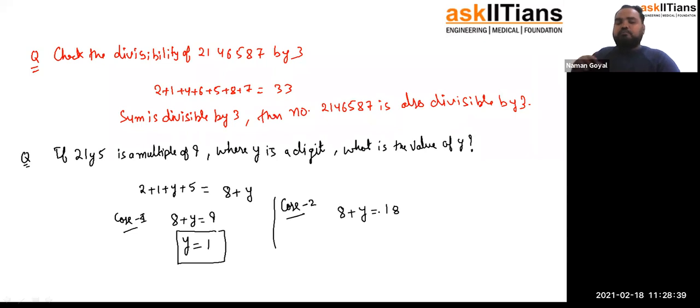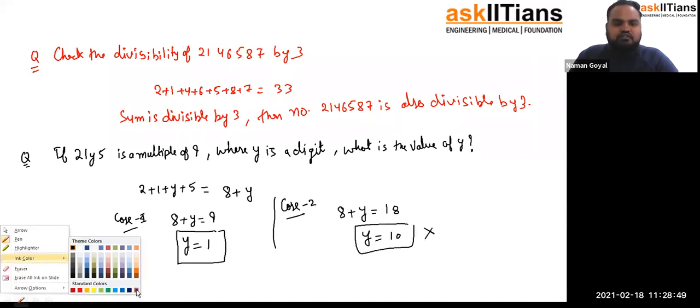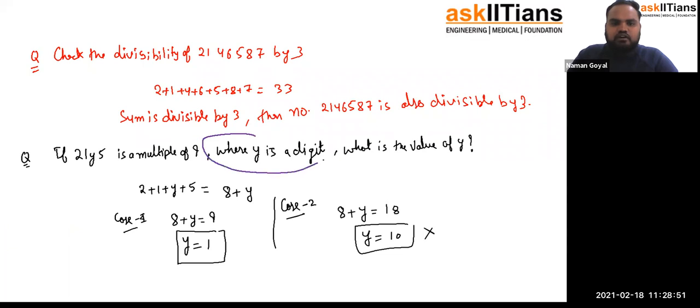If 8 plus y is 18, then y is 10, which is not possible because in the question it is given that y is a digit. So y cannot be 10. So the answer is y equals 1. Are you getting how we do these types of questions? Can we do some more questions?